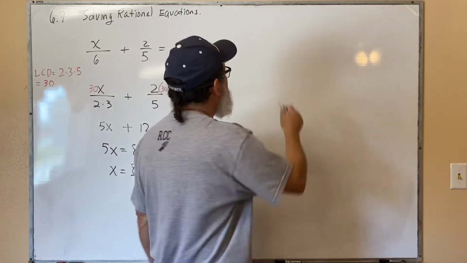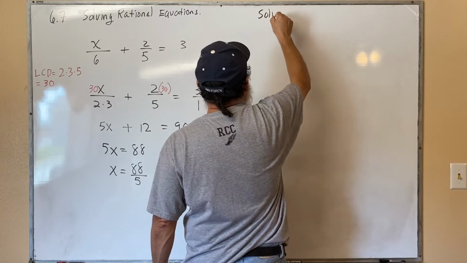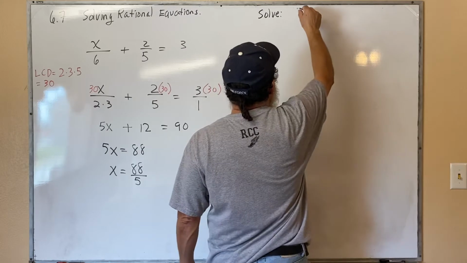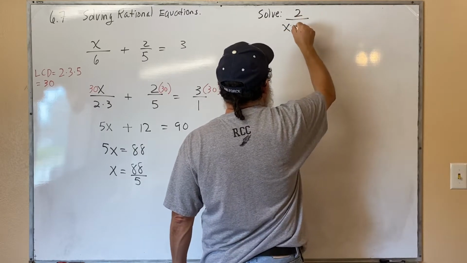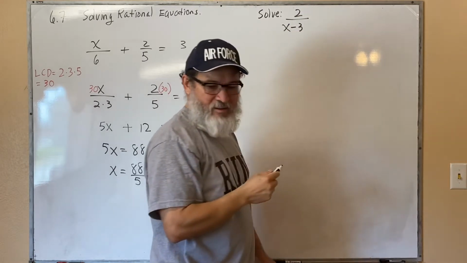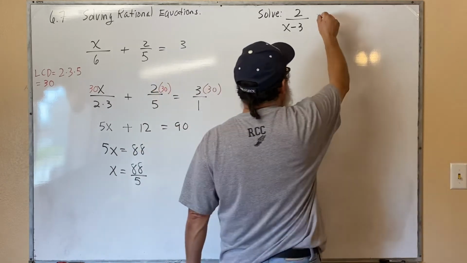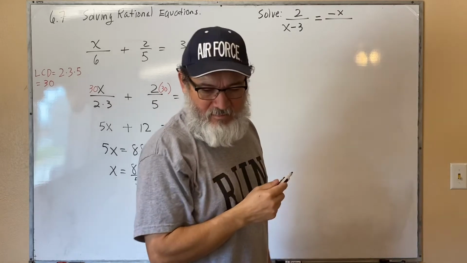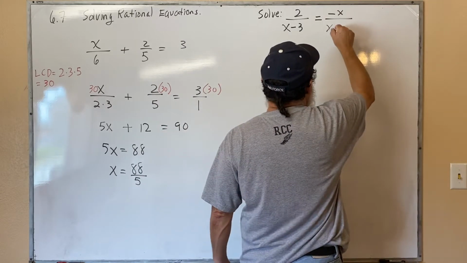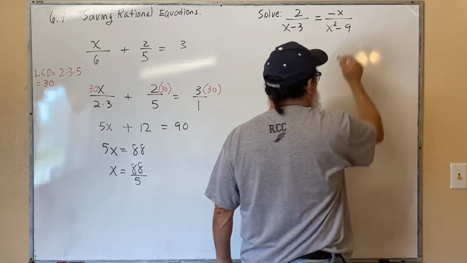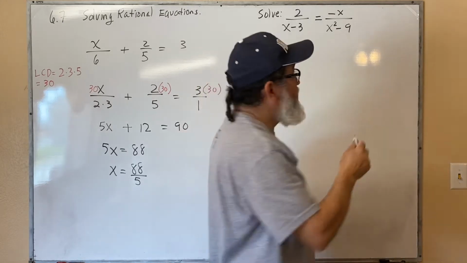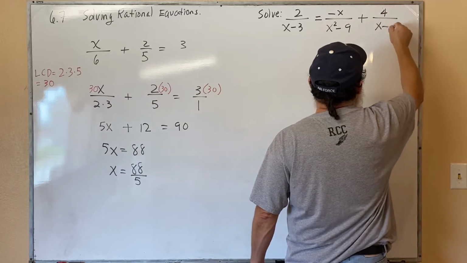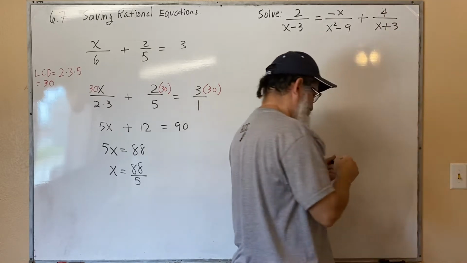Solve: 2 over x minus 3 equals negative x over x squared minus 9 plus 4 over x plus 3. There you go.